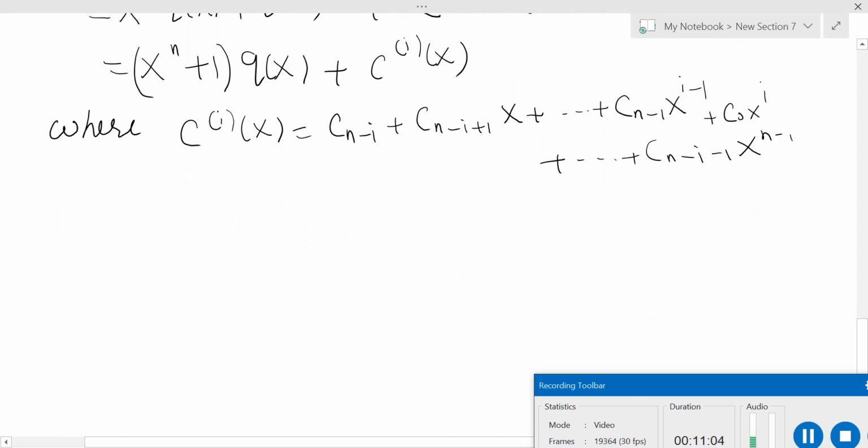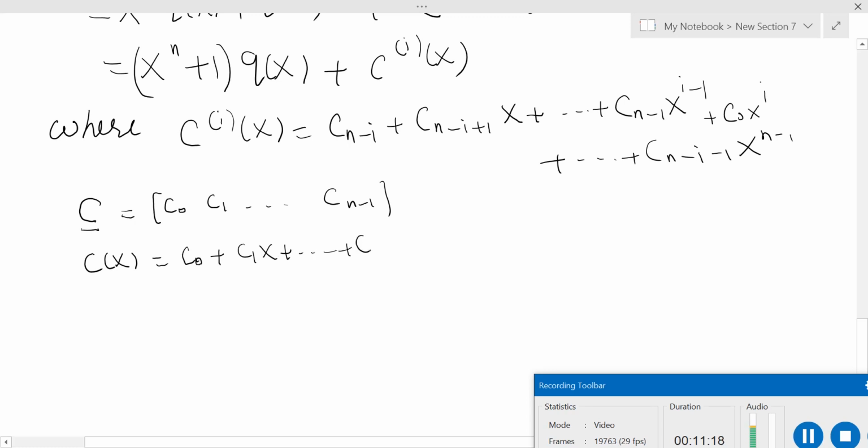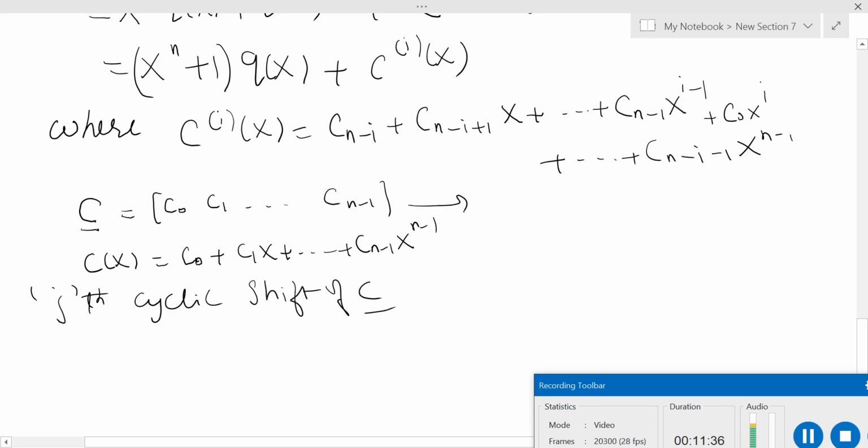Let's look at it. Let's see a code word c with bits c0, c1 up to cn minus 1. Its code word polynomial is c of x, c0 plus c1 x plus cn minus 1 x to the power n minus 1. Now let's do I times cyclic shifting, the ith cyclic shift of this code word.